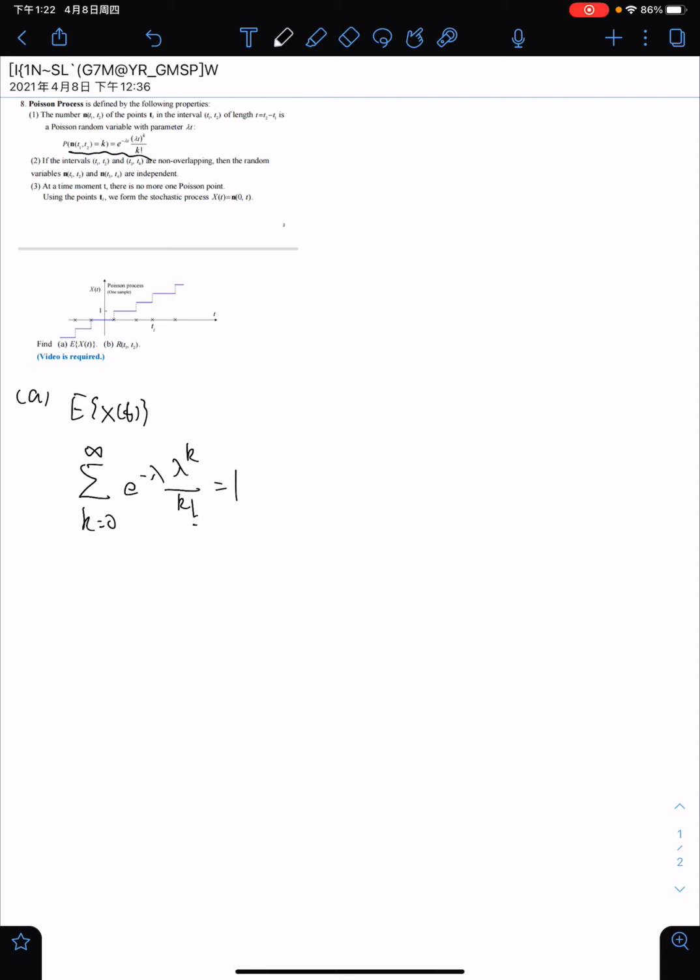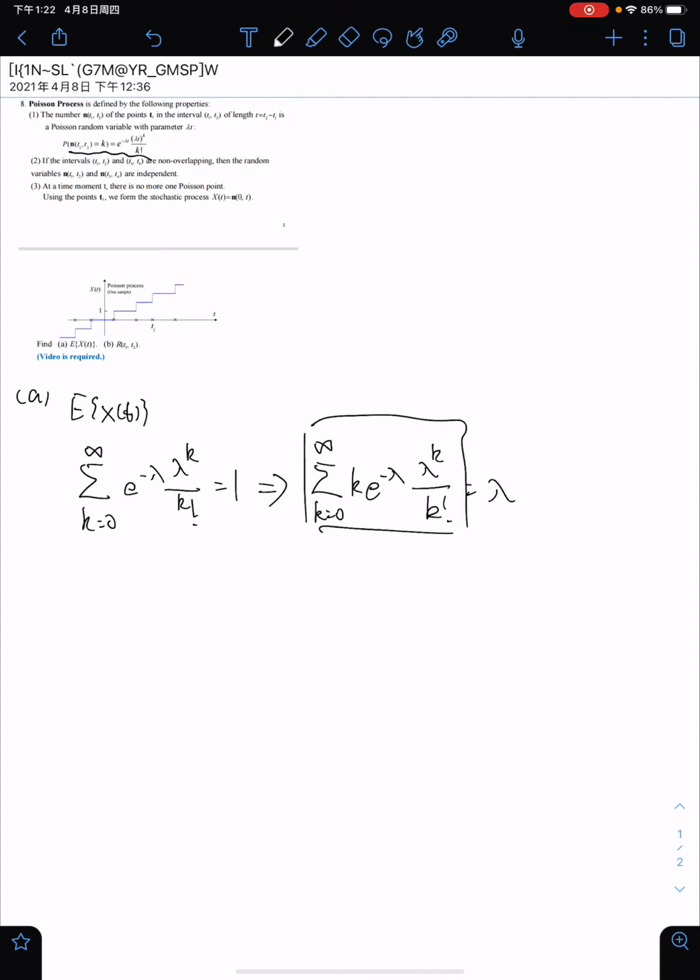And we use the derivative method. We can get this. This is the expected value we calculated before in chapter 4.